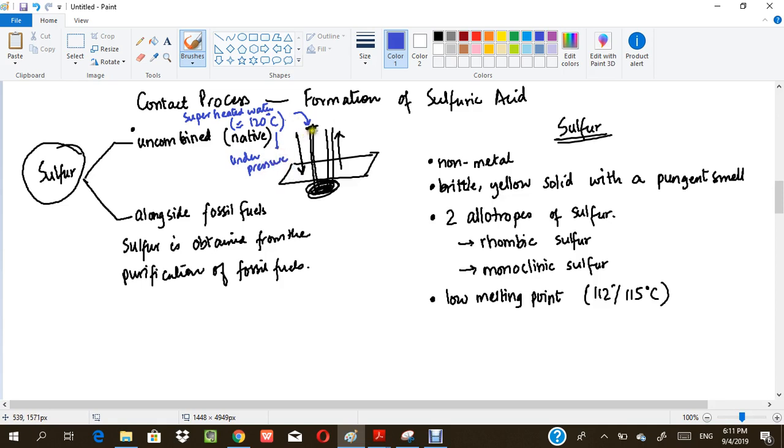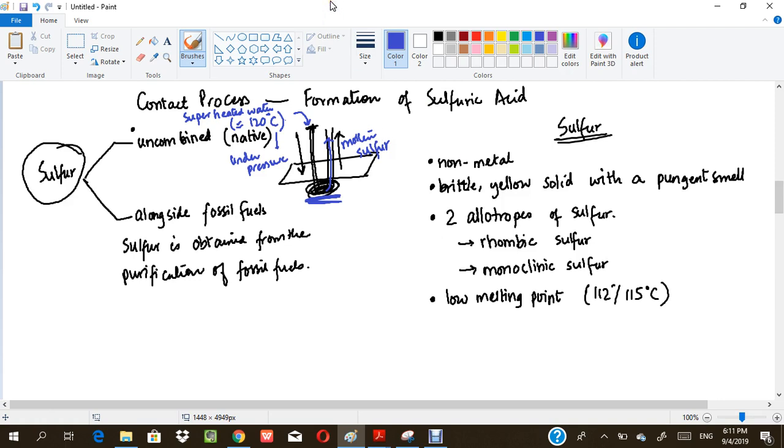So superheated water goes under the ground and melts the sulfur that is present underground. Now, when this water moves up again, it carries molten sulfur with it. This molten sulfur is then taken, purified, and used for whatever purposes we want. So that's how sulfur is extracted from the earth.